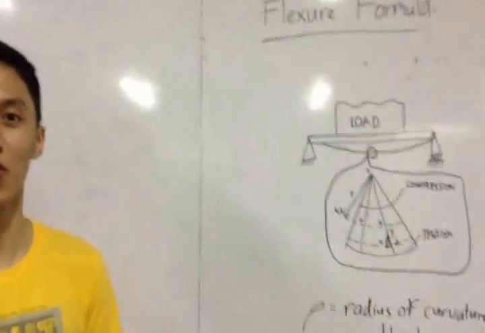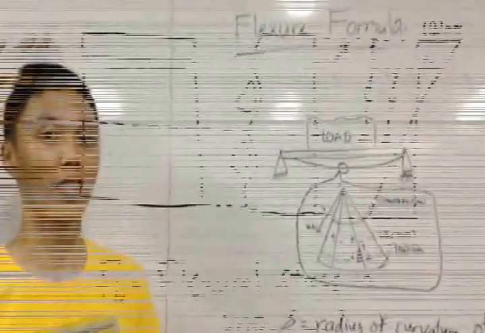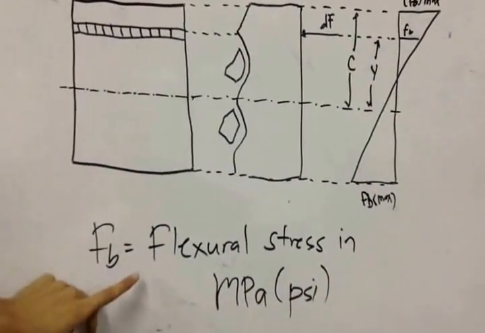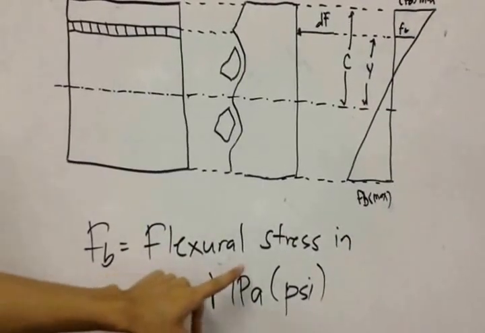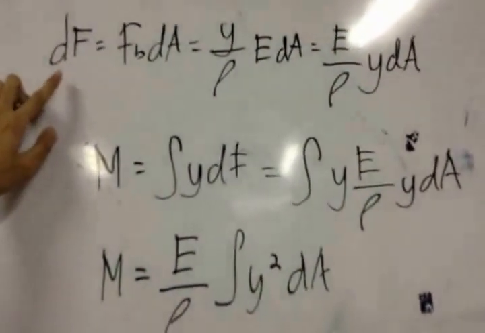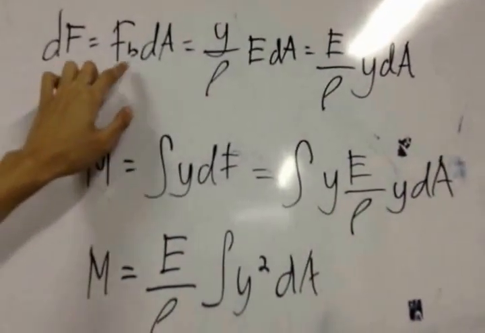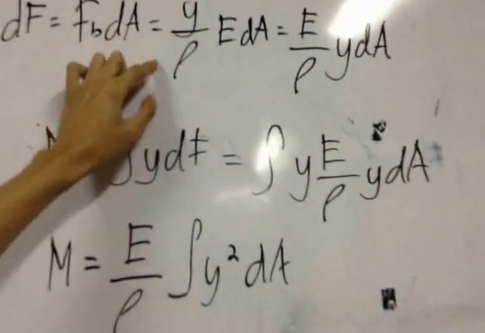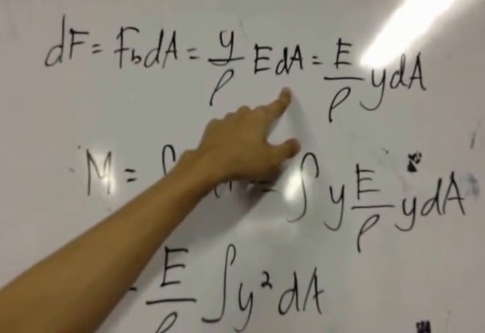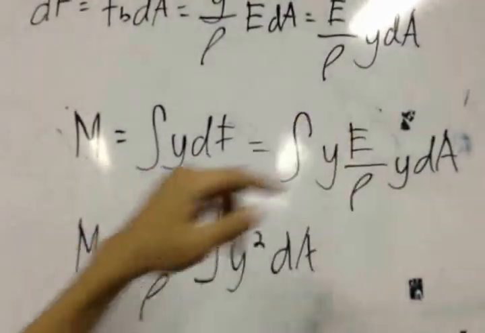So I'll now discuss the flexure formula. Flexural stresses are stresses that are caused by the bending moment. In this discussion, the notation fb will be used instead of the stress to denote the flexural stresses. So fb is the flexural stress in MPa or in psi. Considering a differential area dA at a distance y from the neutral axis, the force acting over the area is fb times the differential area, equivalent to y over rho times the modulus of elasticity times the differential area. We can rewrite it as the modulus of elasticity over rho times y times the differential area.